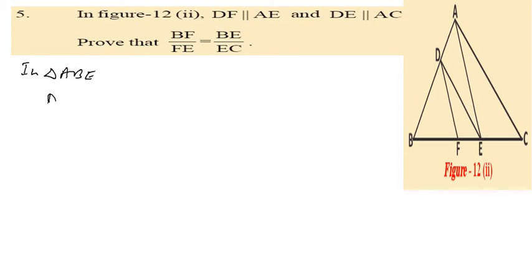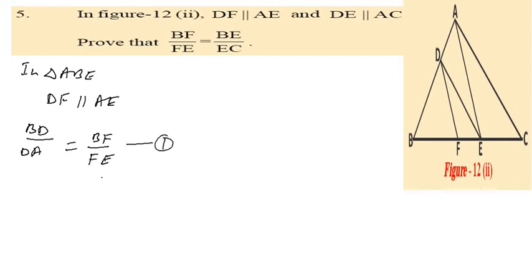So you have to write DF parallel to AE. So by basic proportionality theorem, BD upon DA will be equal to BF upon FE. So this one is equation first.